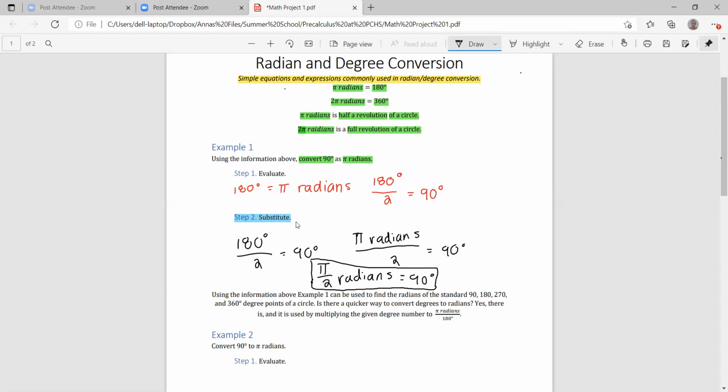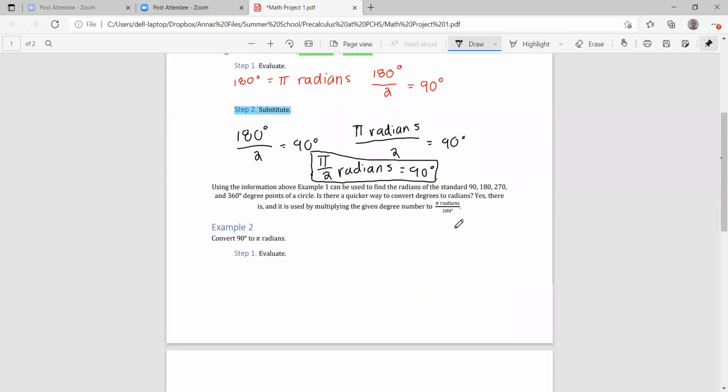And right here, pi radians over 180 degrees. And we're going to use this fraction to convert 90 degrees to radians once more. This is supposed to be an easier way to convert degrees to radians.